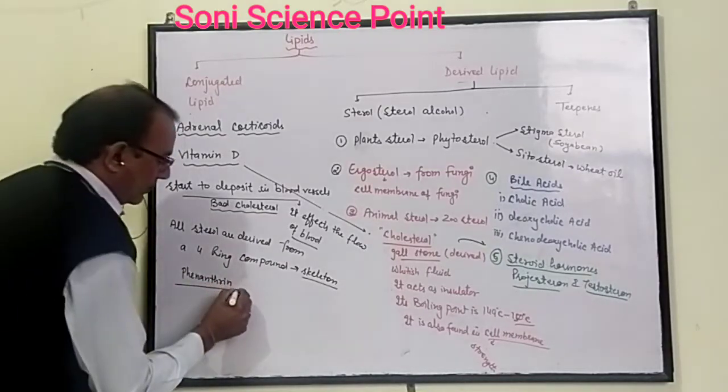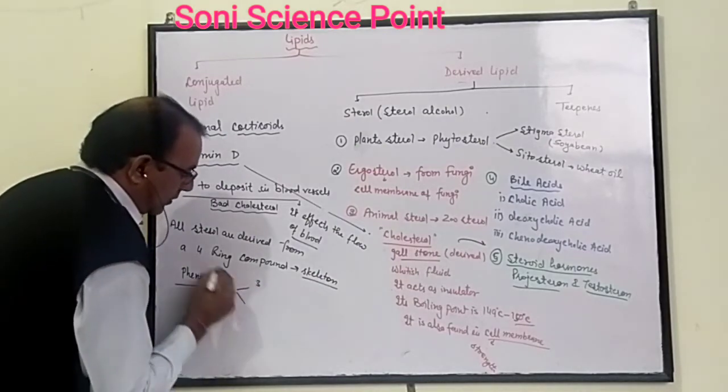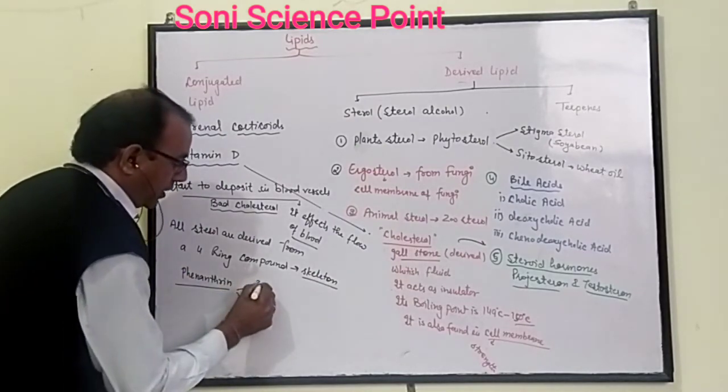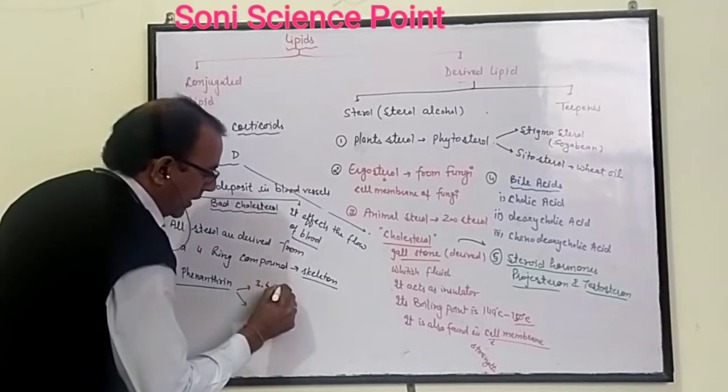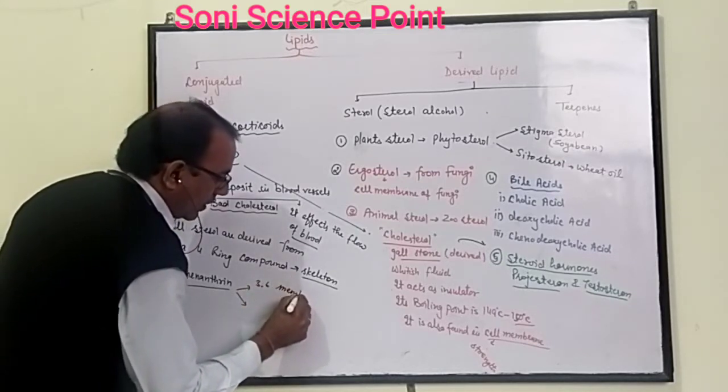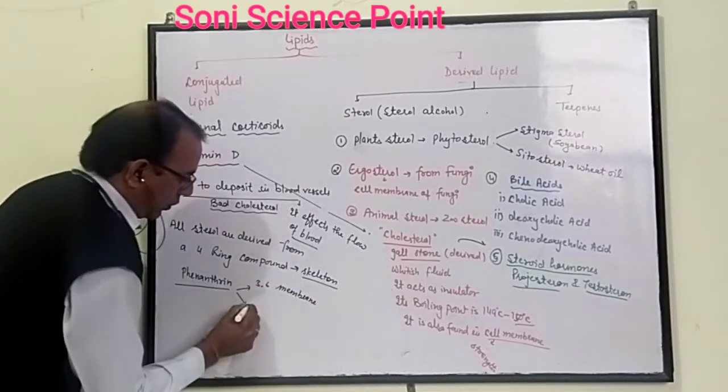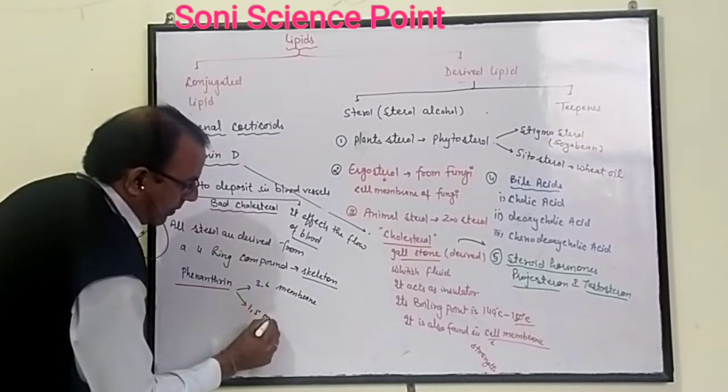Phenanthrene may form two structures: a 6-membered ring or a 5-membered ring.